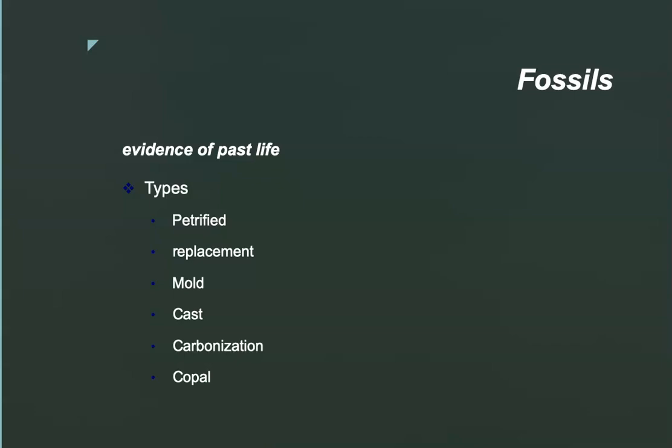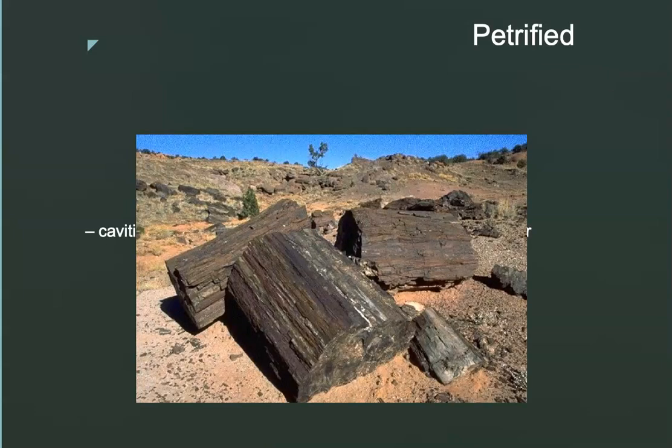Let's start with petrification. Petrified. So right here, the word that's obscured here is a cavity. This is petrified wood. Petrified wood is very common. A lot of the samples I have, which I have found on trails, is the same age as the dinosaurs.